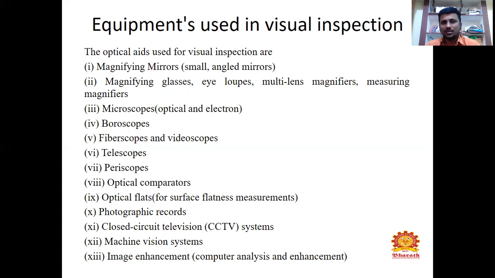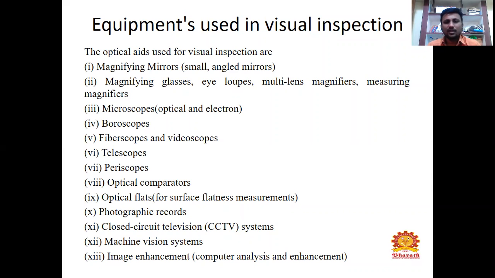Aided, we are using some optics or opticals. In that opticals, now mainly we see, one more time I am telling, magnifying mirrors, magnifying glasses, microscopes, and the microscope has optical and electron types, and boroscopes, fiber scopes, videoscopes, telescopes, periscopes.